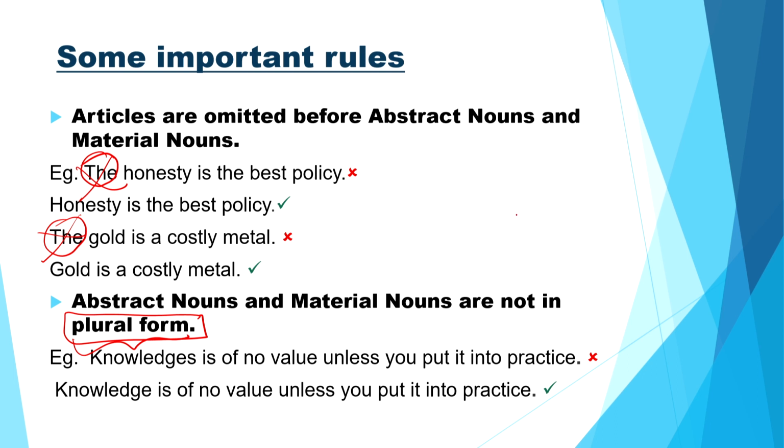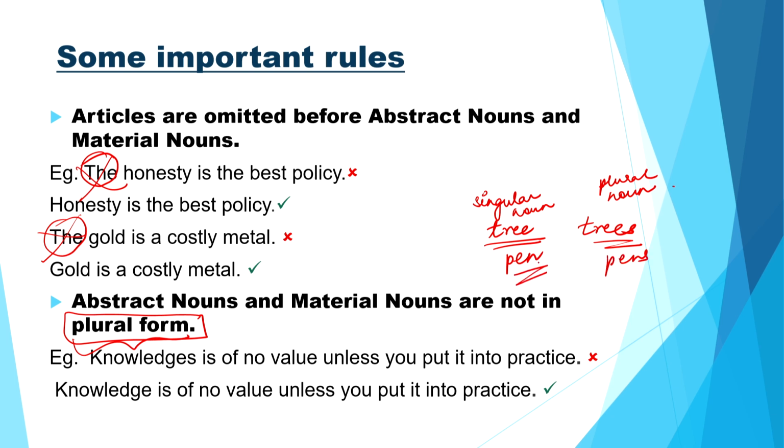For example, if we take tree and trees. So, tree is a singular noun and trees is a plural noun. Cool. Let us take another example, pen and pens. Pen is your singular noun whereas pens is a plural noun. Clear? So, plural nouns are generally formed by adding s or es to the noun.